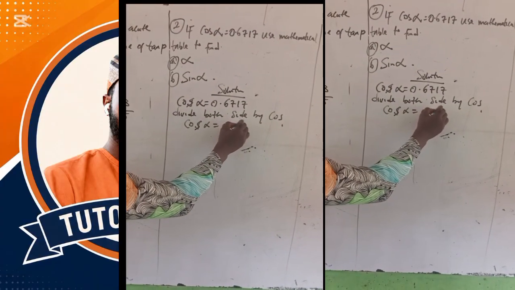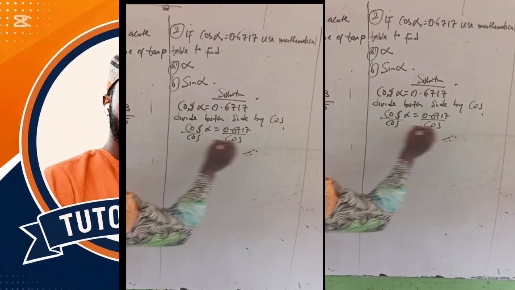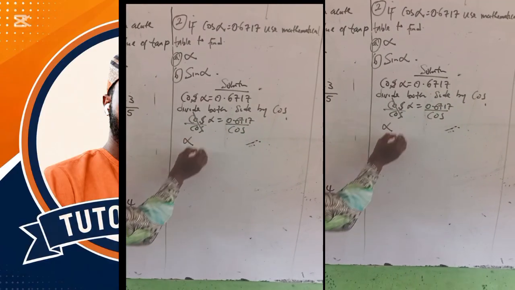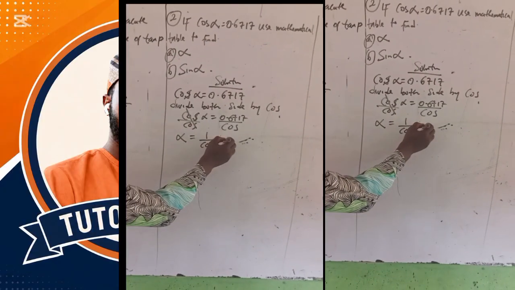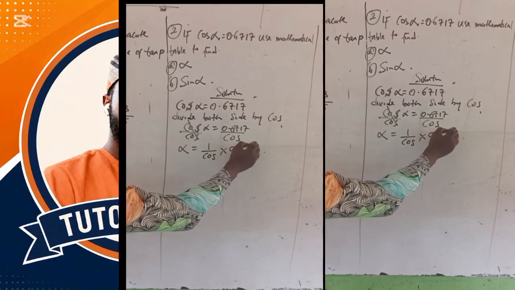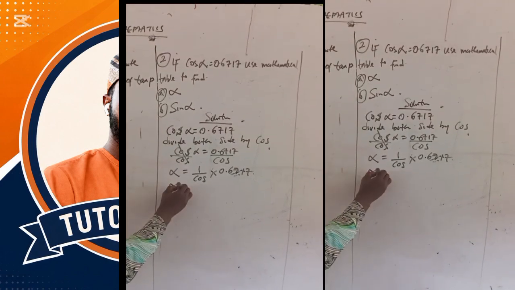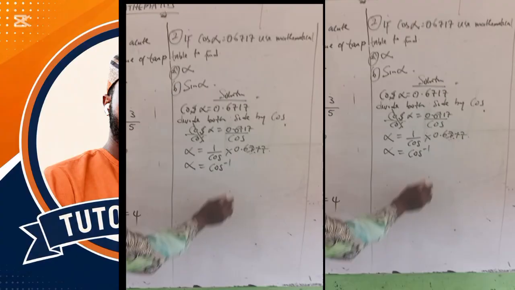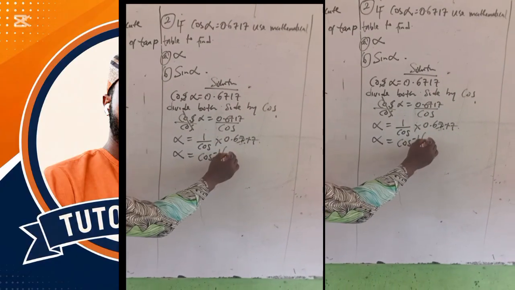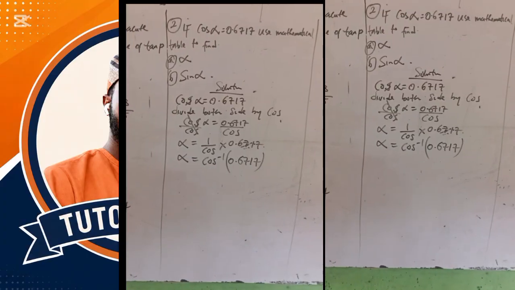So cos alpha is equal to 0.6717. Divided by cos on both sides, it will be left with alpha equals 1/cos times 0.6717. You understand? So this is cos inverse of 0.6717.